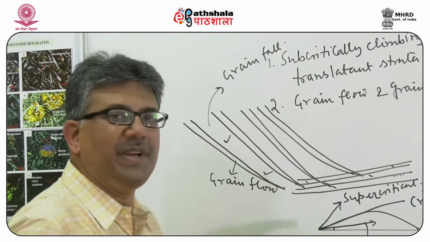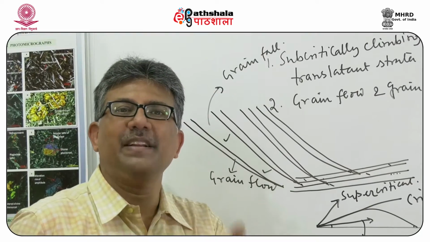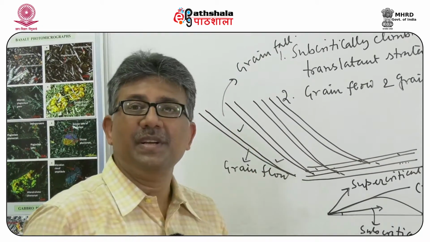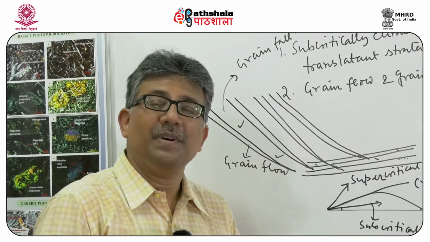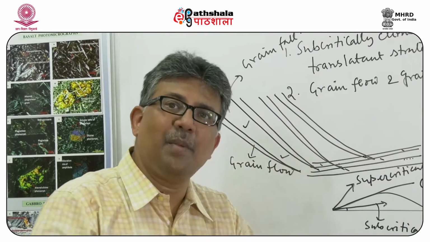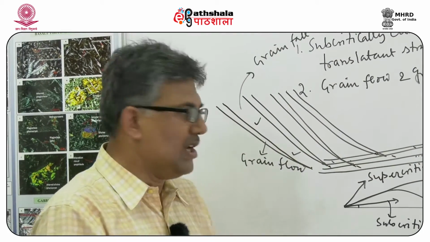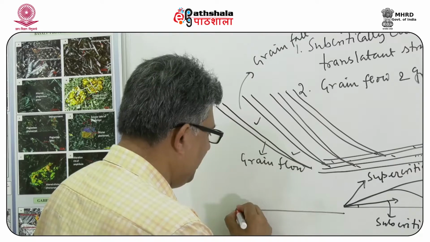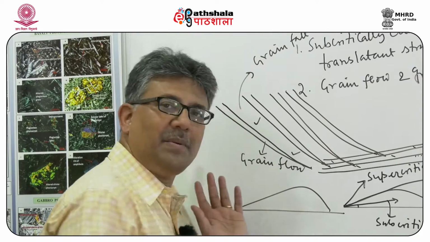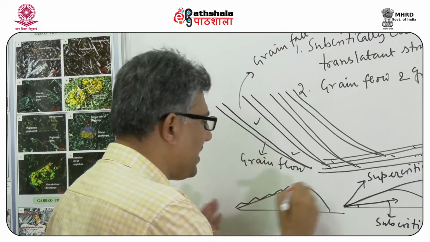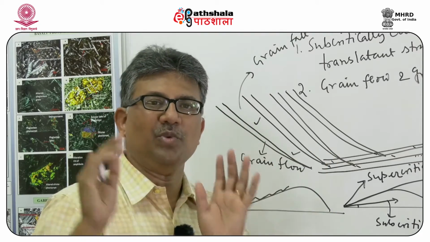The grain flow unit is the product of active migration of the dune bedform, whereas the grain fall unit is the product of suspension settlement from the air in between two migration events. Suppose I have an Aeolian dune, and for a time the small scale bedforms, the ripples, are migrating up the Stoss surface of the dune.